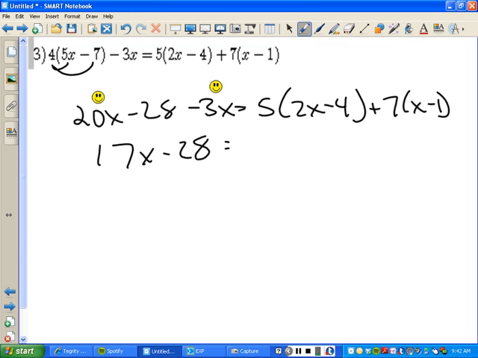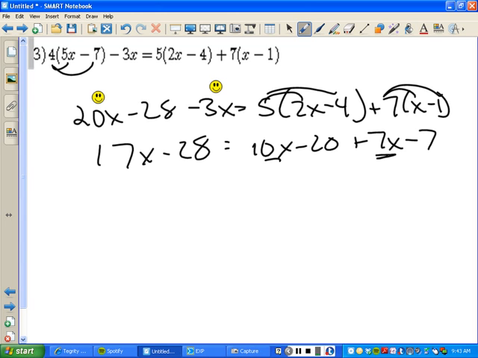Equals, distribute, 10x minus 20. You know what? I'm feeling a little bit skippy today. It's the last day of the week, so we're going to go ahead and do two things at once here. 7x minus 7. So if you're going, hold on now, it's only day 3. I'm getting all fast. Just distribute both times. You're okay. Now combine like terms. I won't use smiley faces. I'll just underline it this time.